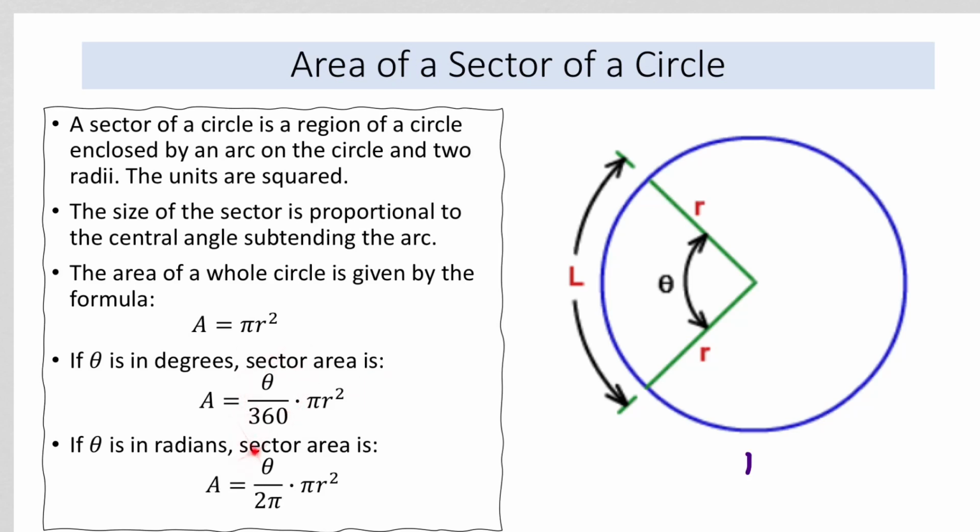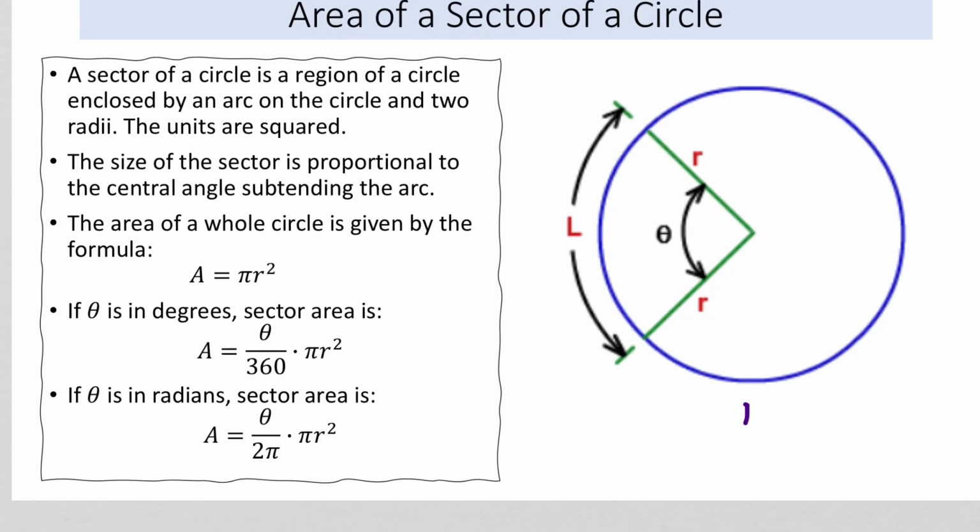So here's my proportion in degrees multiplied by pi r squared, which is the area of the entire circle. And then if I'm working in radians, here's my proportion, the angle over a full revolution multiplied by the area of the entire circle.